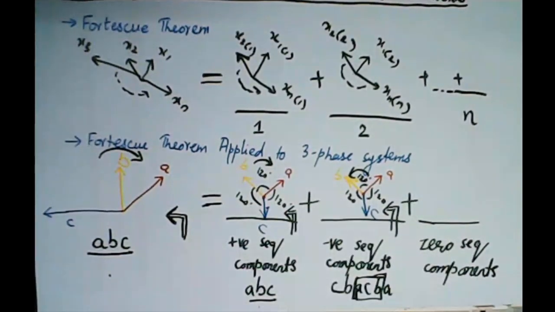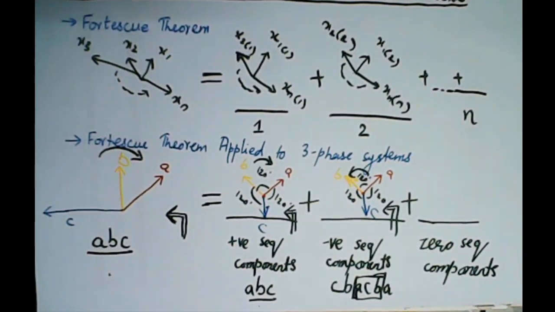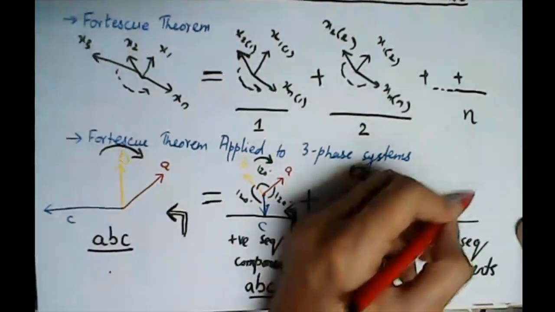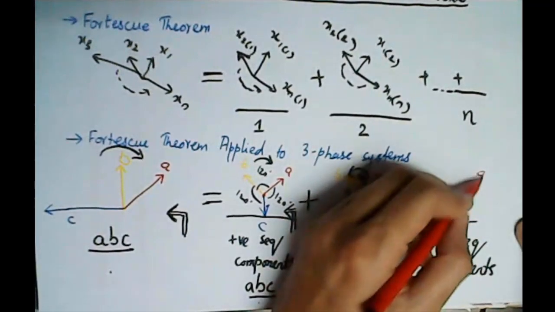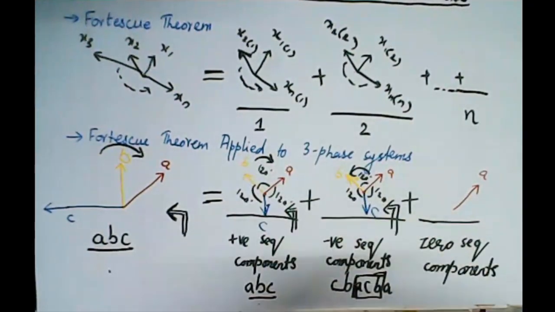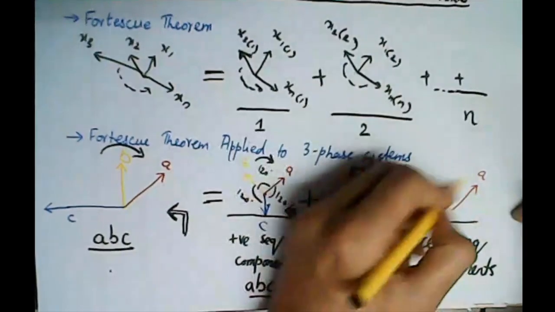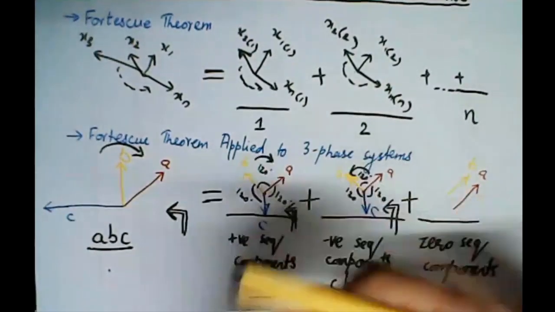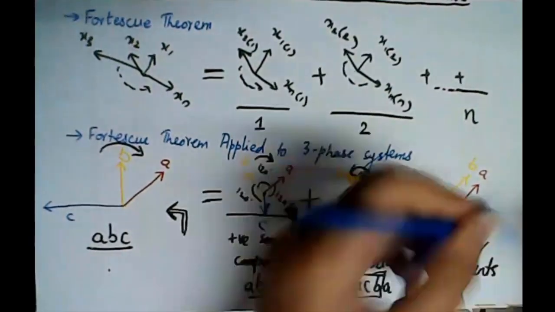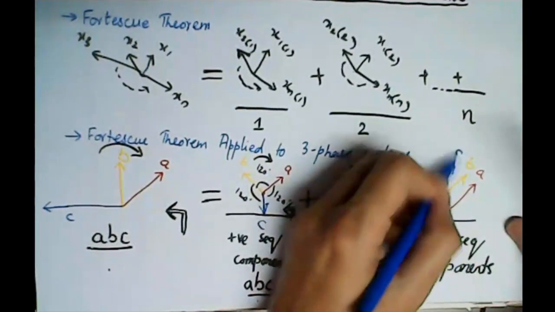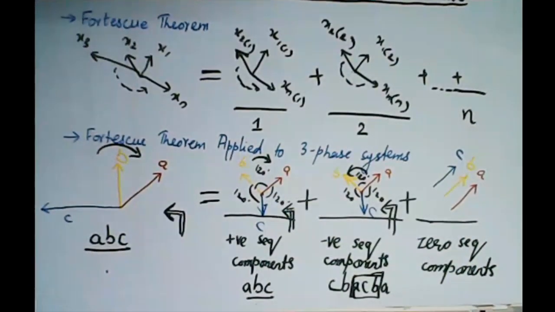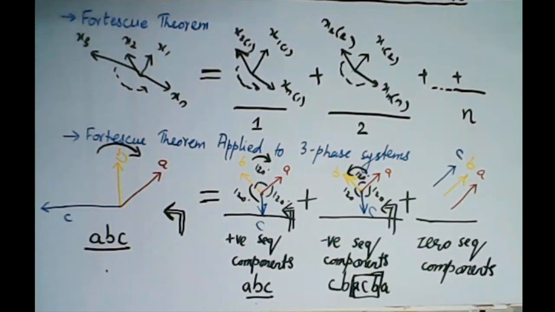Why are they referred to as zero sequence components? Because the angular difference between all the three phases is zero. Red, yellow, and blue. Here the angular difference you can see between all the phases A, B and C is 0.